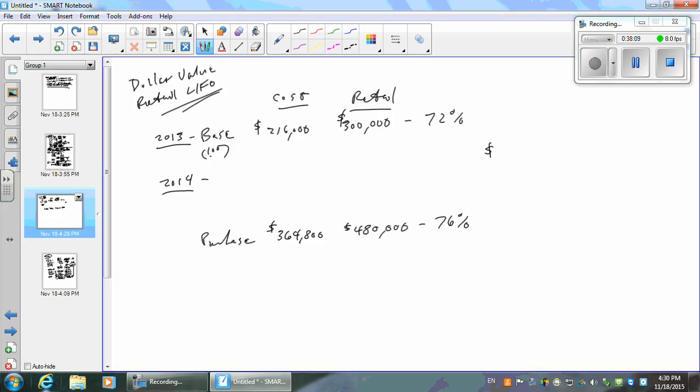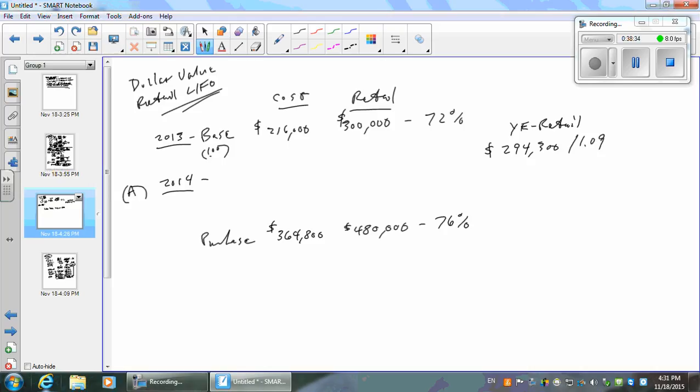This is A, right? This is for A. 294.3 is year-end retail. What are you going to do to get base at that time? Divided by what, everybody? 1.09, because I had 9% inflation, right?